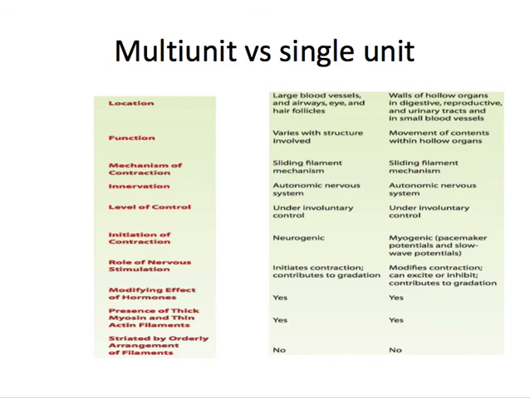And then there are some more differentiating features, such as the contraction in the unitary smooth muscle can be produced by stretch only, but not in case of multi-unit smooth muscle.